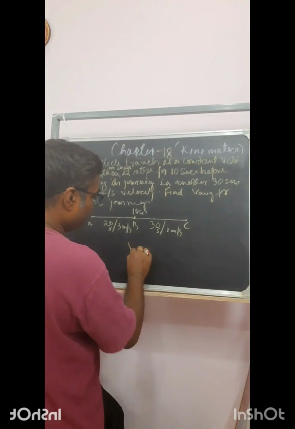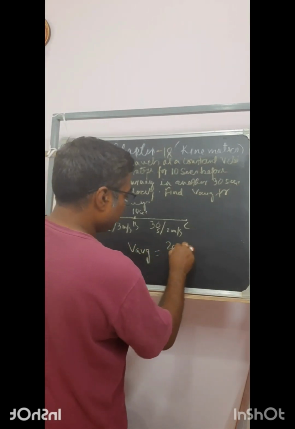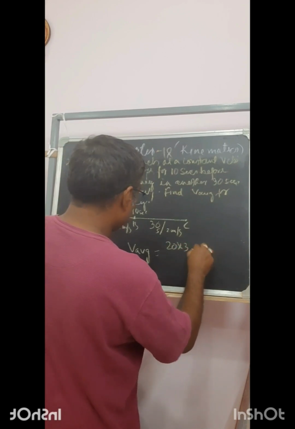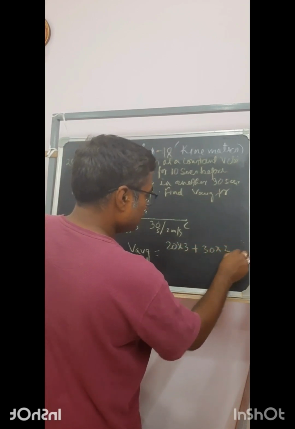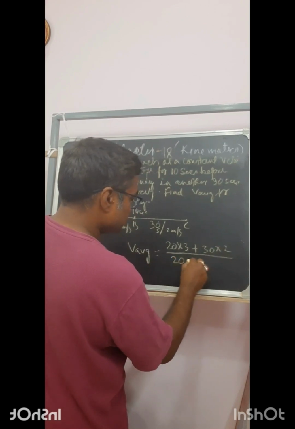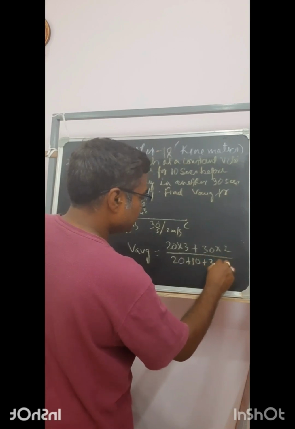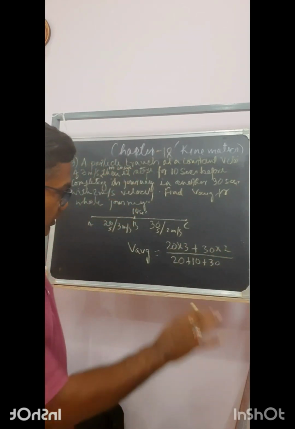So your V average must be: total distance is 20 seconds into 3 plus 30 seconds into 2, that will be the total distance, and the time is 20 seconds for the first journey, 10 seconds for the halt, and 30 seconds for the second journey. This will be the V average.